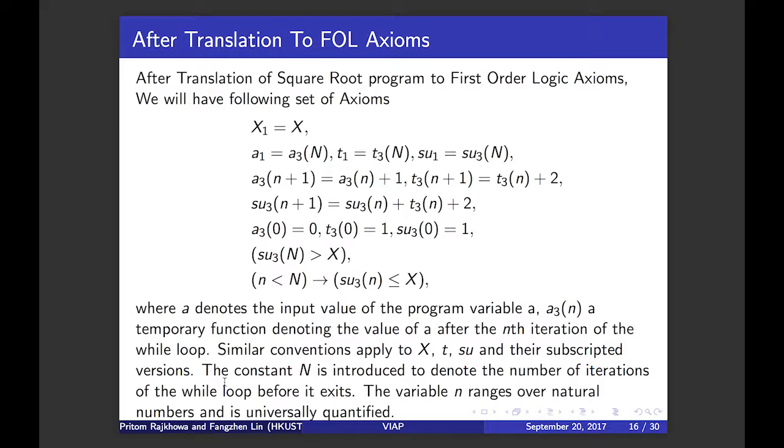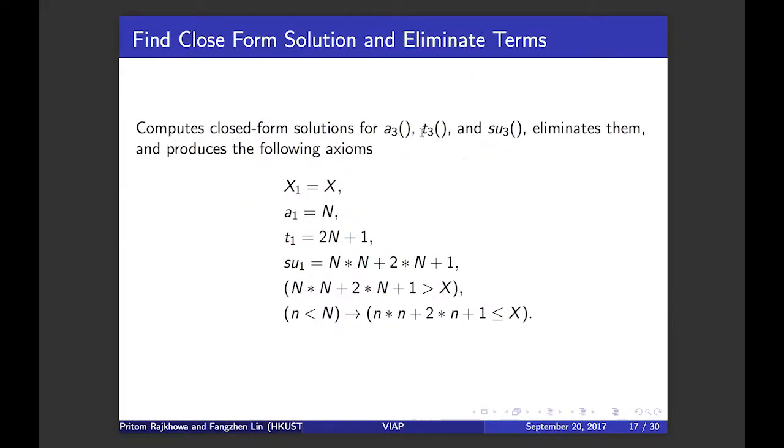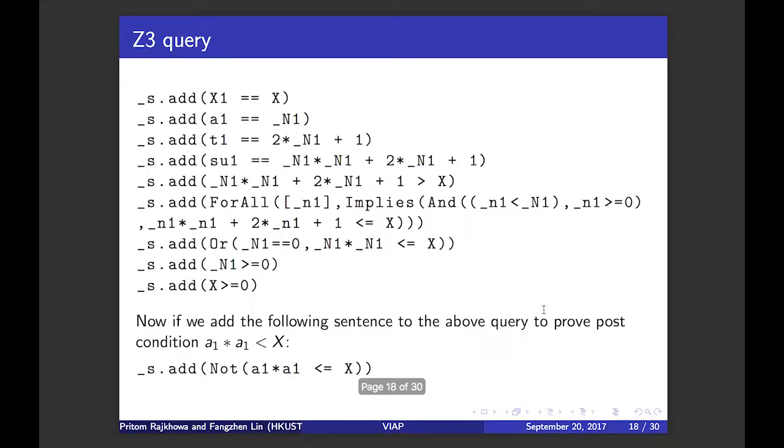After the translation, you can see a number of recursive equations are generated. We can find the closed form solution of these recursive equations, and once we find it, we substitute and eliminate the temporary functions, which will produce the following set of axioms.